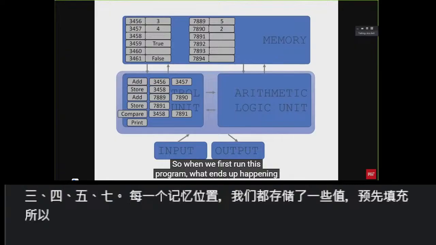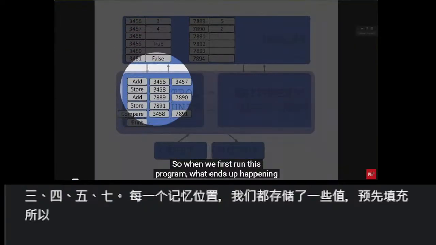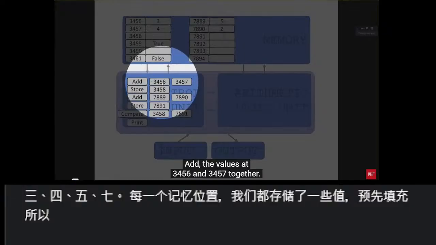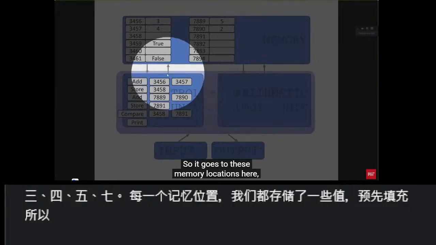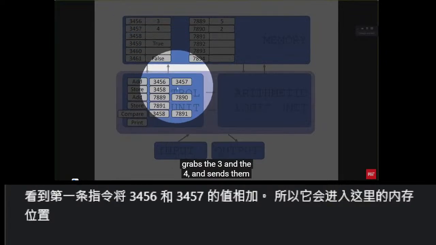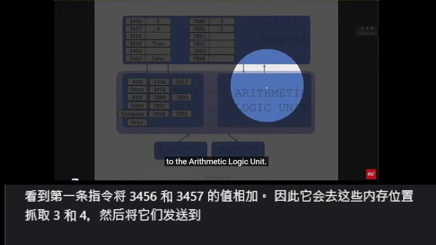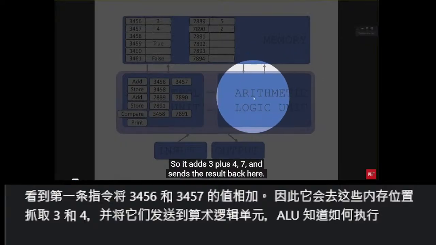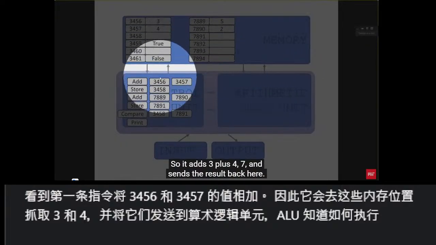So when we first run this program, the interpreter sees the first instruction: add the values at 3456 and 3457 together. So it goes to these memory locations, grabs the 3 and the 4, and sends them to the arithmetic logic unit. The ALU knows how to do the addition, so it adds 3 plus 4, 7, and sends the result back here.